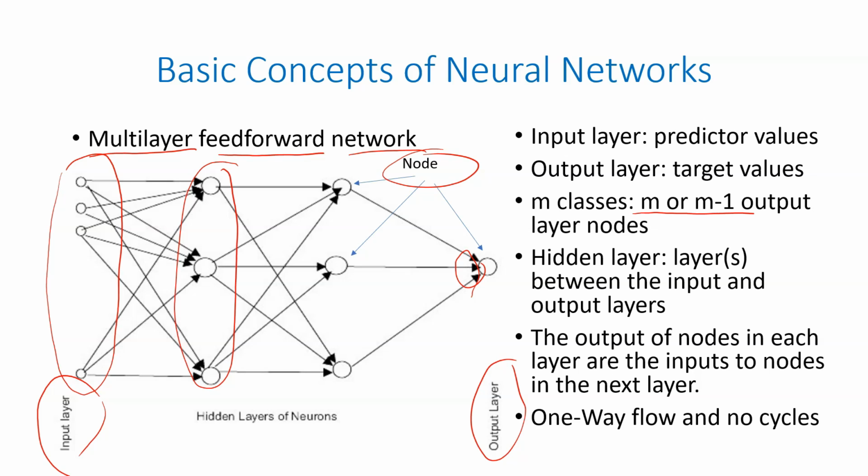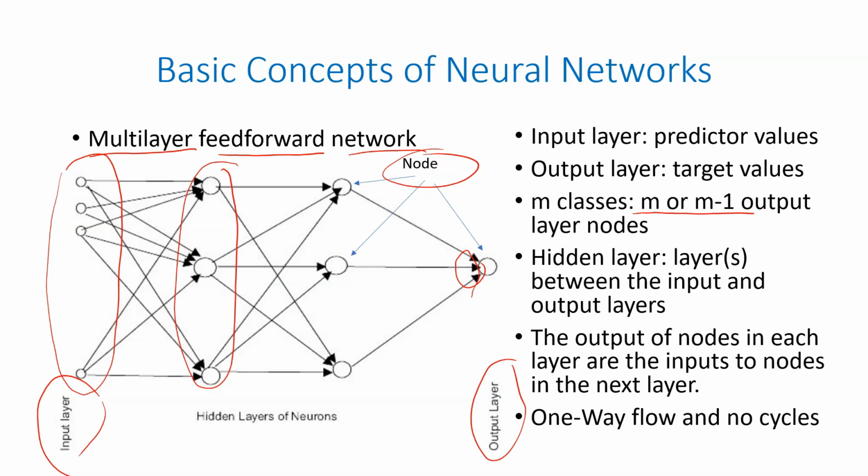The reason why some software packages would only have m-1 output layer nodes is because if you know the probabilities of the case belonging to m-1 classes, then you would automatically know the probability of the case belonging to the other class, because the probabilities would add up to 1.